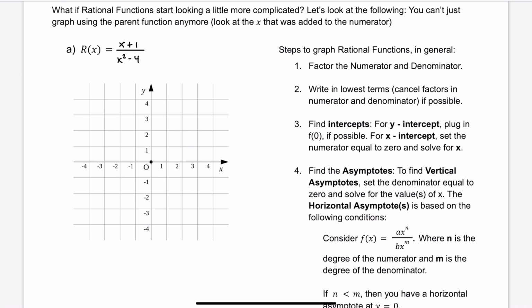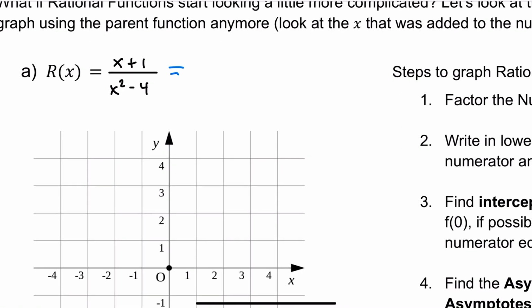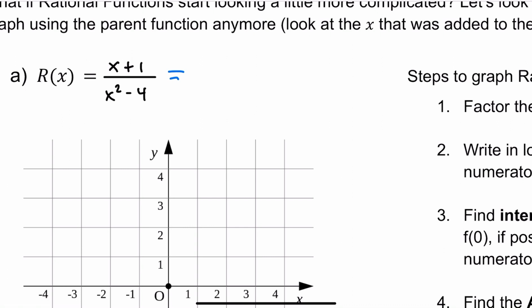So starting with step 1, it says factor the numerator and denominator. Okay, what that means is there might be something you may need to factor. So without practice, it's going to be hard to figure out whether or not it's fully factored. So at the top, there's nothing to factor out. Okay.